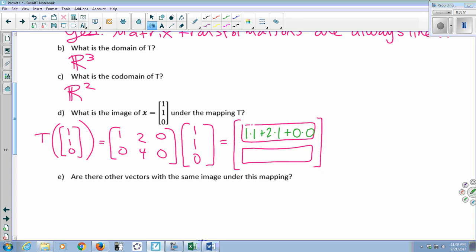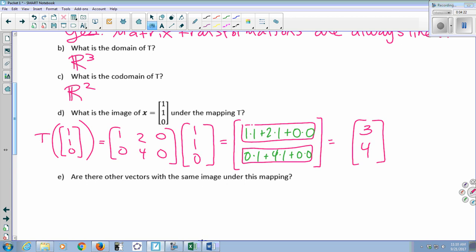And then you do the same thing with the second row: 0 times 1 plus 4 times 1 plus 0 times 0. And we get 1 plus 2 is 3, and 4. So the image of 1, 1, 0 under the mapping T is 3, 4. When you plug in 1, 1, 0, you get 3, 4.